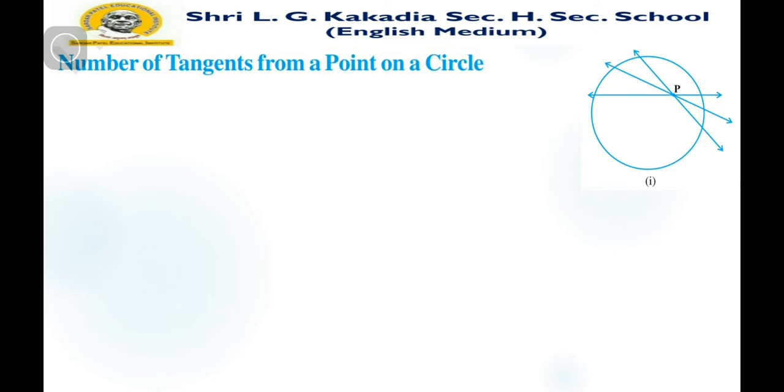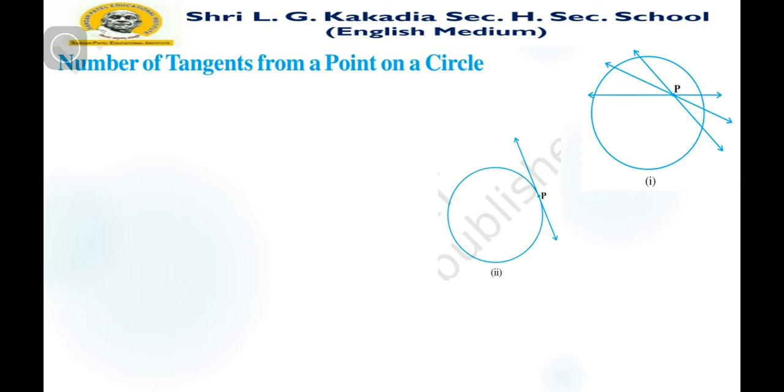Now let us take a point on the circle. Then we know that we can find one tangent. If we take any point on the circle, there is one and only one tangent passing through this point.